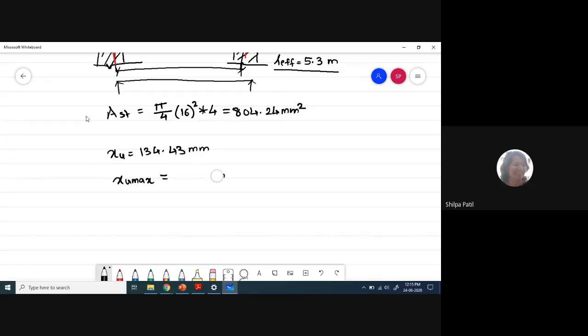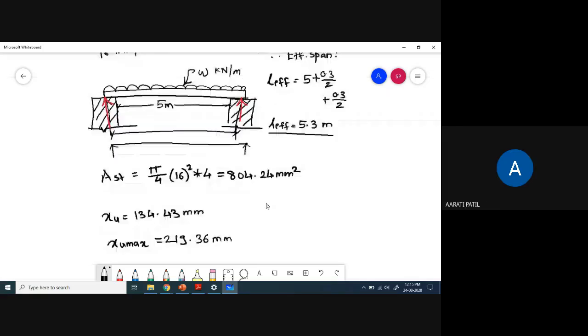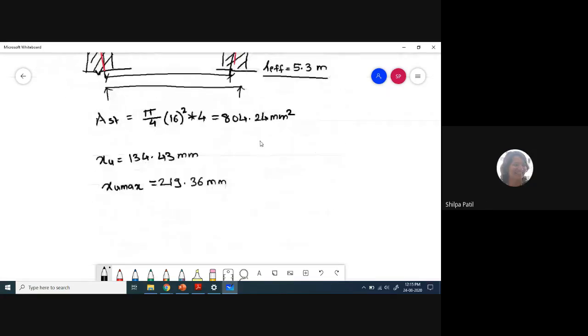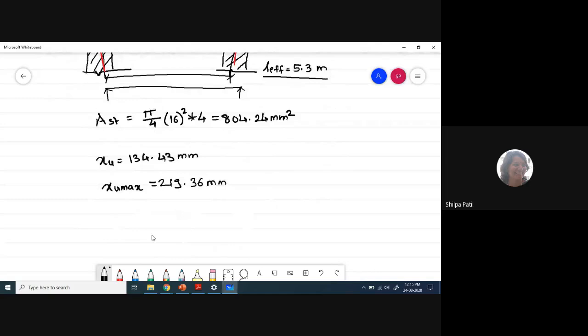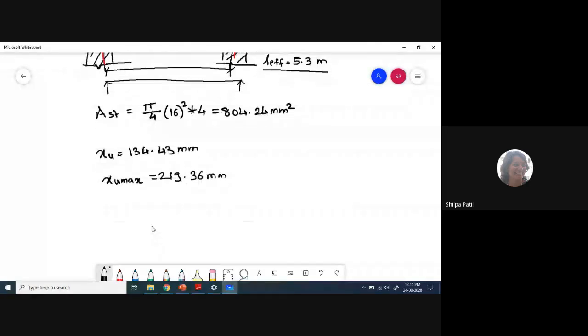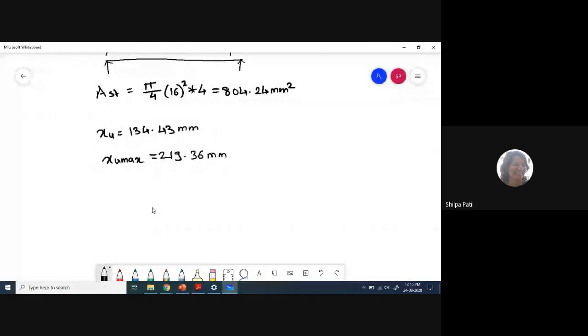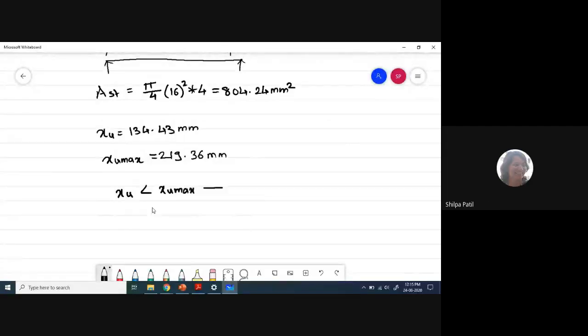XU max is 219.36. Okay. What is the FY value? FY value is 415. Okay. All right. So what is the type of section you are getting? XU is coming less than XU max. Under reinforced. So it is under reinforced. Okay.